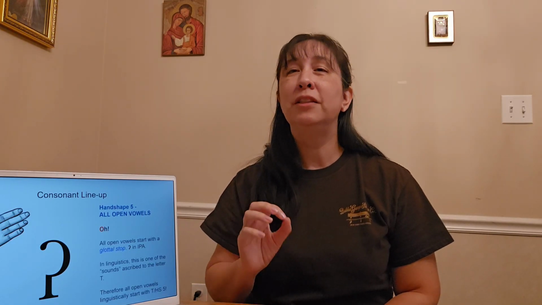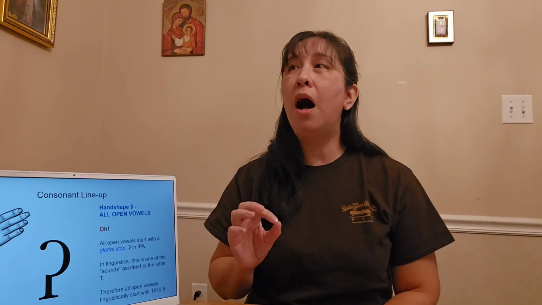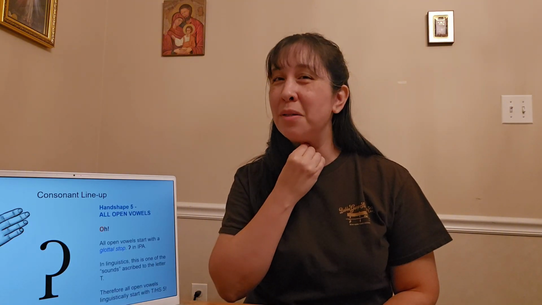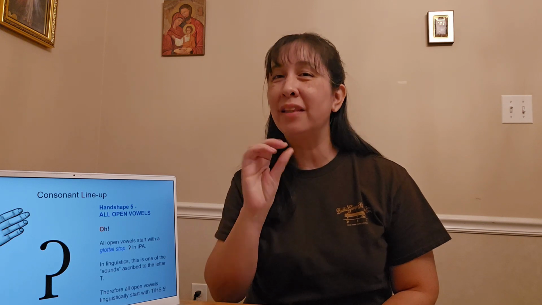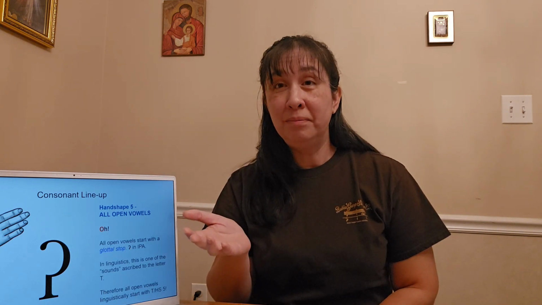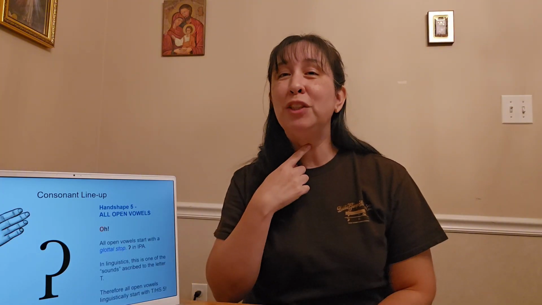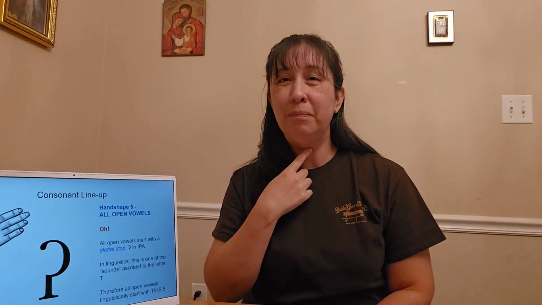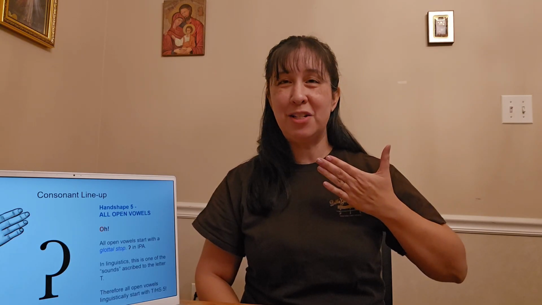Think of ah. Do that a couple times. Ah, ah, ah, ah. When I close the back of my throat and then release, the vowel is whatever the vowel is, but it started with a glottal stop. Glottal stop is the letter T. Letter T is a hand shape 5.